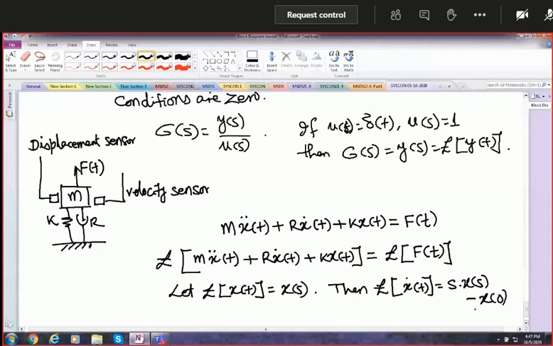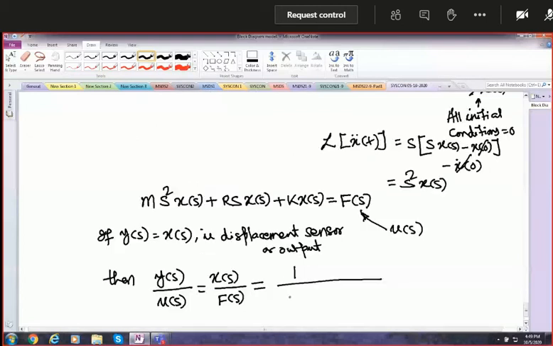If suppose output is X(s), then Y(s) by U(s), that is X(s) by F(s), gives us 1 by m s squared plus r s plus k.